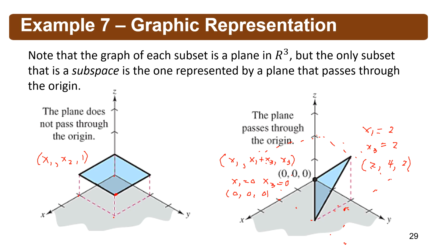Now, there are cases where it can still pass through the origin. In the earlier case, there's no way that it will pass through 0 because this is always equal to 1. Unlike here, you can substitute any value. You can have 0, 0, 0. So it will never be an empty set because it can pass through 0, 0, 0.